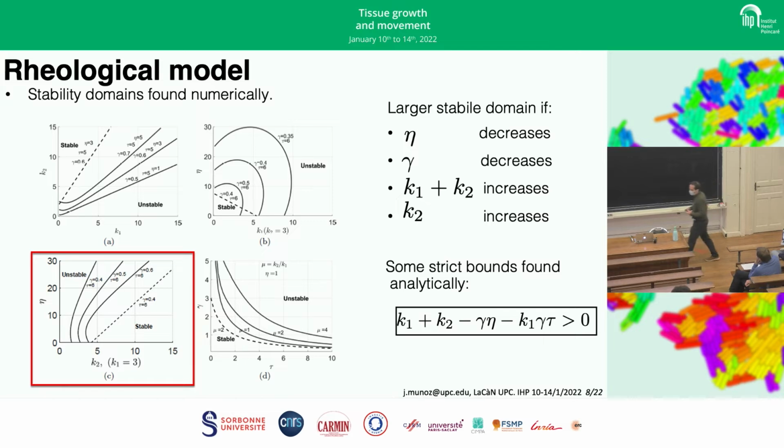Okay, and going back to our system of the neural core, where we have a decrease of the characteristic time, which is that my viscosity decreases or the stiffness increases, in that diagram it would be that we are going from some unstable behavior here in this area, top left, to more stable behavior somewhere here.